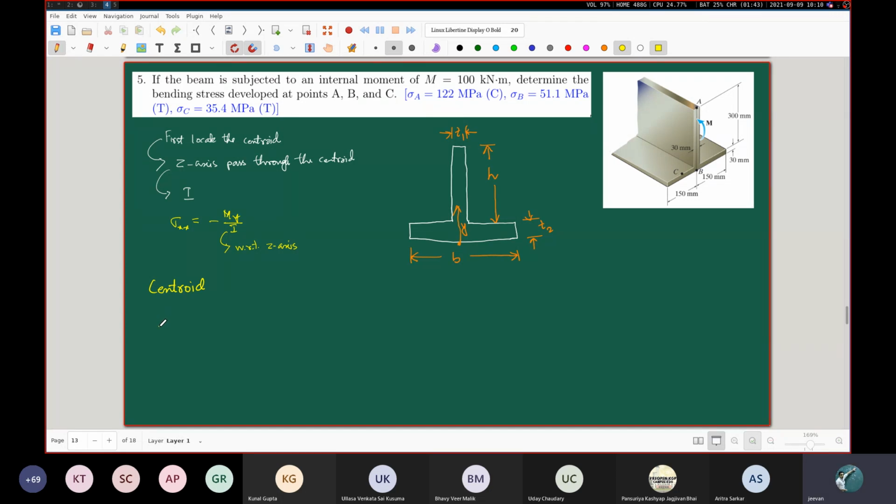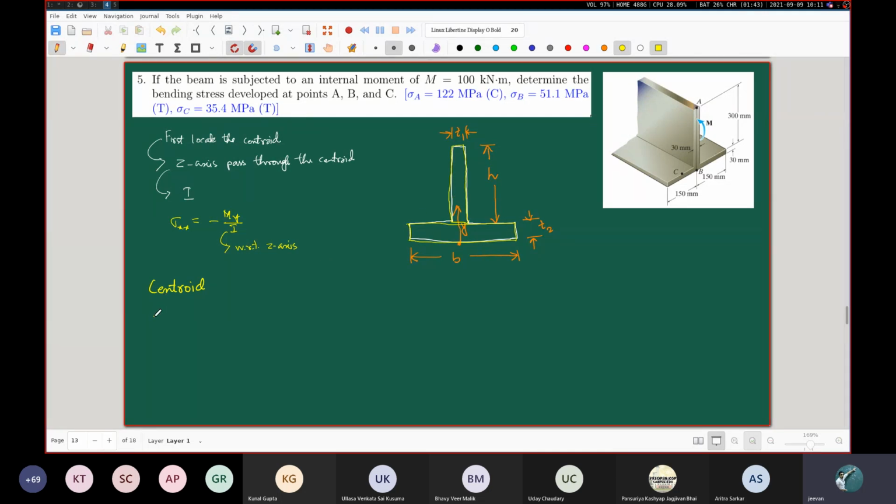Now, for the y coordinate, we will consider this particular part as one component of the T beam and this particular thing as another component. So I'm dividing this cross section into two rectangles. One of them is this rectangle and the other is this rectangle. First I will consider this vertical rectangle.